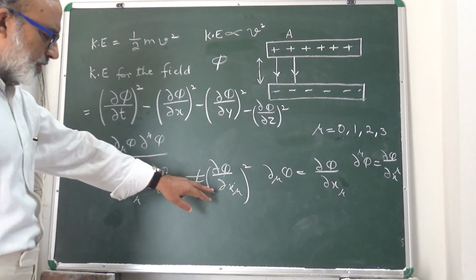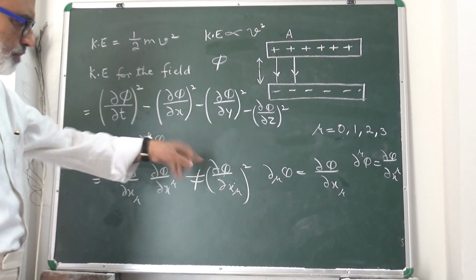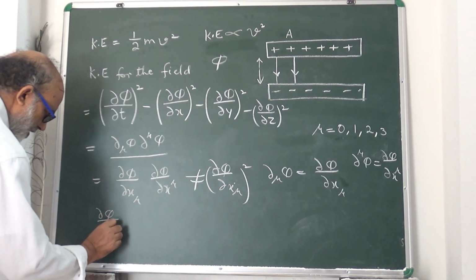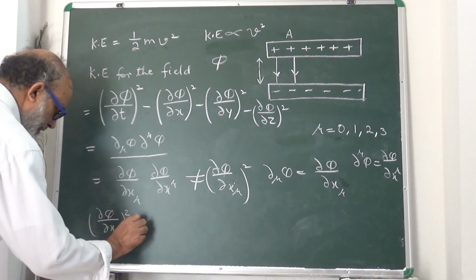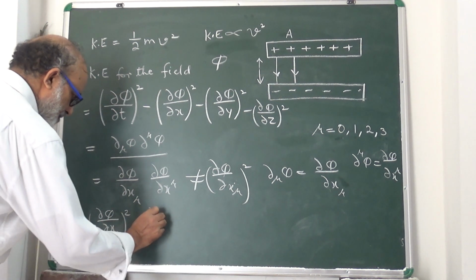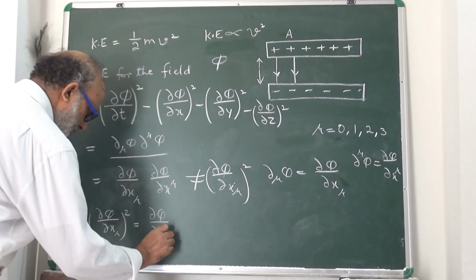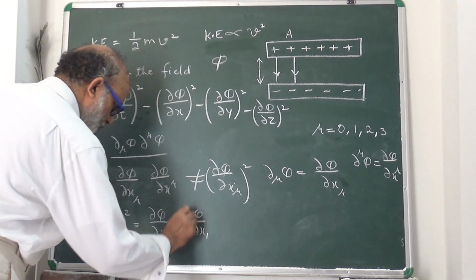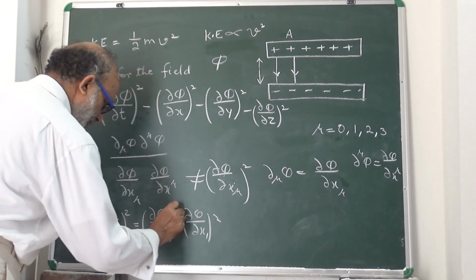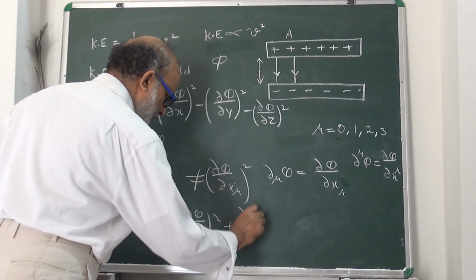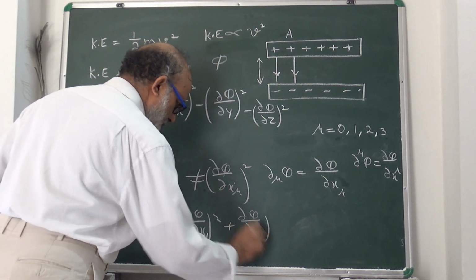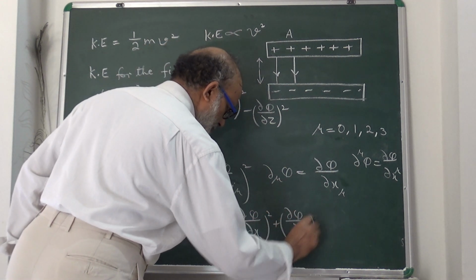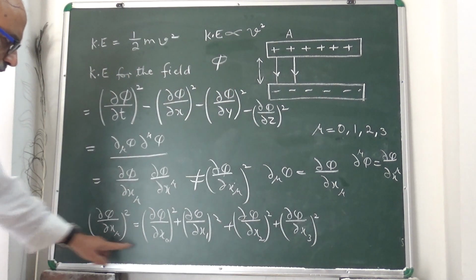Had I written it like that, it would mean del phi by del x0 plus del phi by del x1 plus del phi by del x2 plus del phi by del x3, since mu runs from 0 to 3.